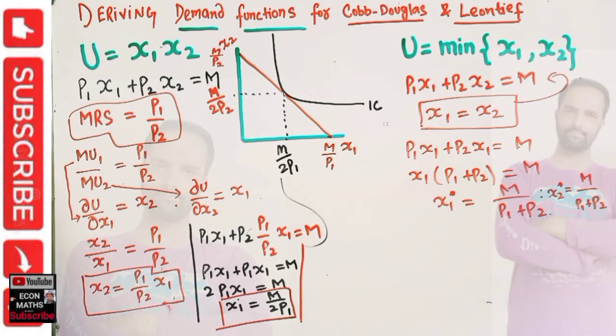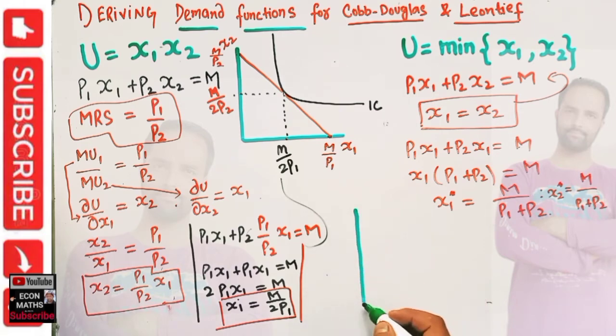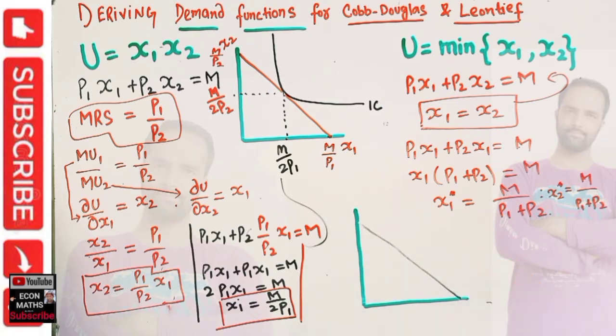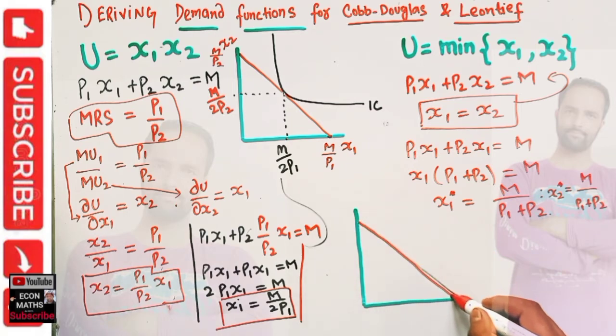Now how does the graph look in the case of perfect complements, what we call Leontief preferences? This is our budget line. We have x1 here, x2 here.